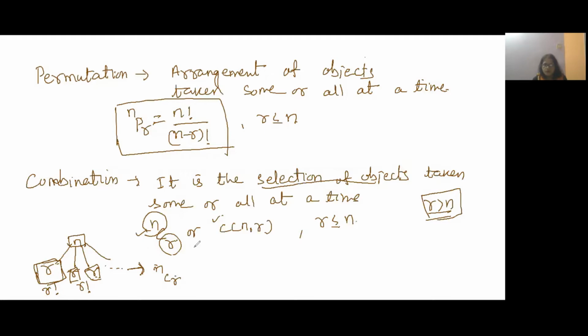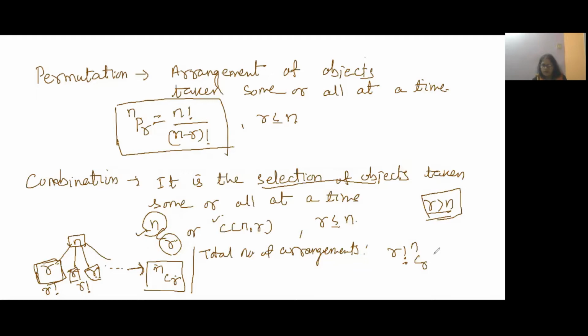So the total number of arrangements would be what? r factorial into nCr, because each combination contains r factorial permutations, and you have nCr number of combinations. The total number of arrangements should be r factorial into nCr.